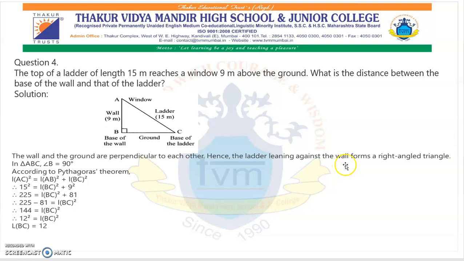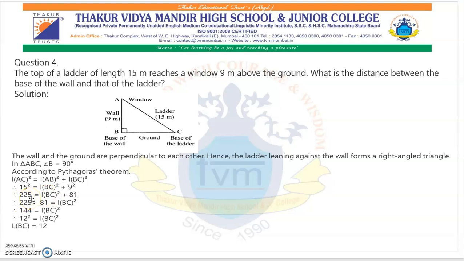Hence, the ladder leaning against the wall forms a right angle triangle ABC. Here, angle B is 90 degrees. According to Pythagoras theorem, hypotenuse square equals perpendicular square plus base square. The hypotenuse is 15 square; BC is not given, we have to find it, plus 9 square.